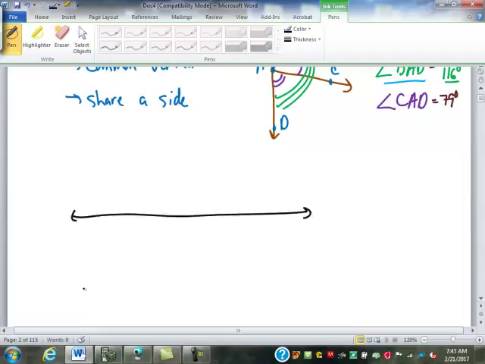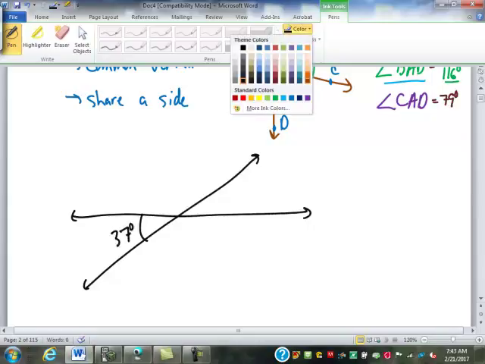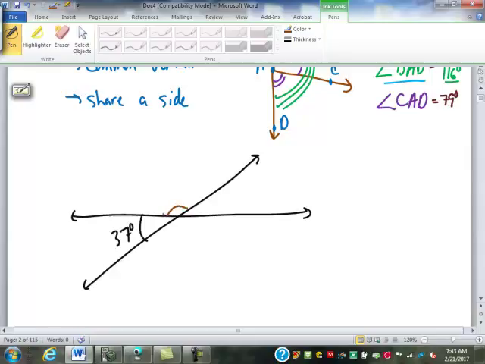We can go a step further and deal with intersecting lines like this. If I give you that this angle here is 37 degrees, what can you tell me about this angle right here?